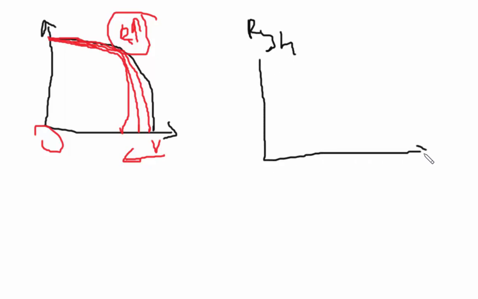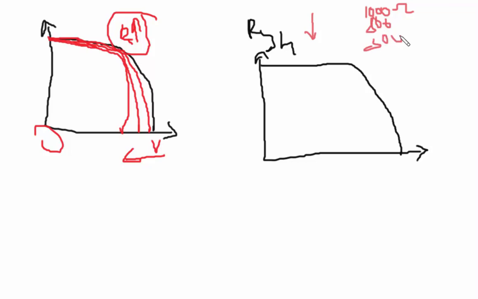This is the basic IV curve we will draw. Okay. When the shunt resistance is decreasing, like first it is 1000 ohm, then it comes to 800, 500, like this, the current starts changing.